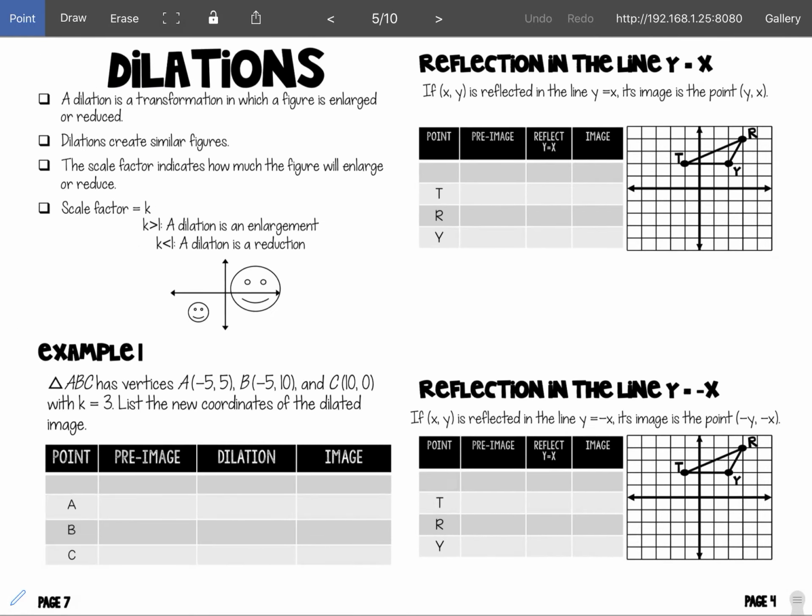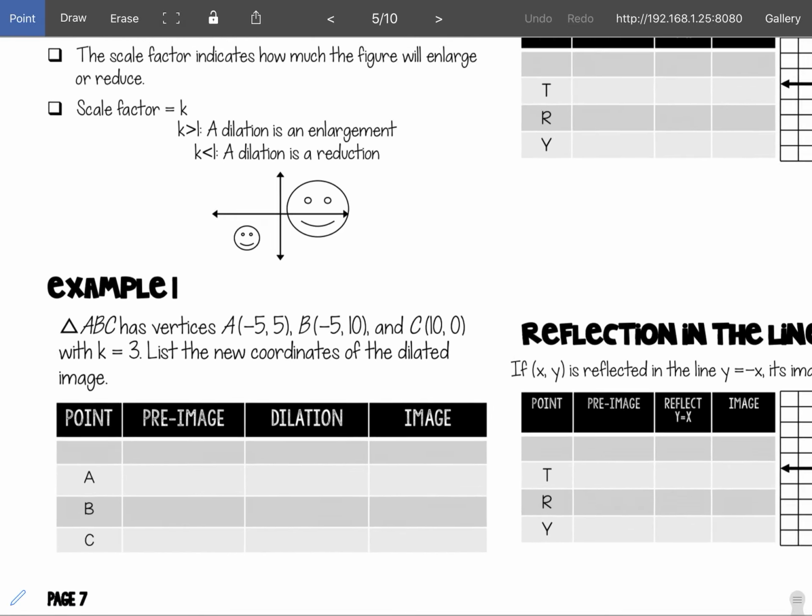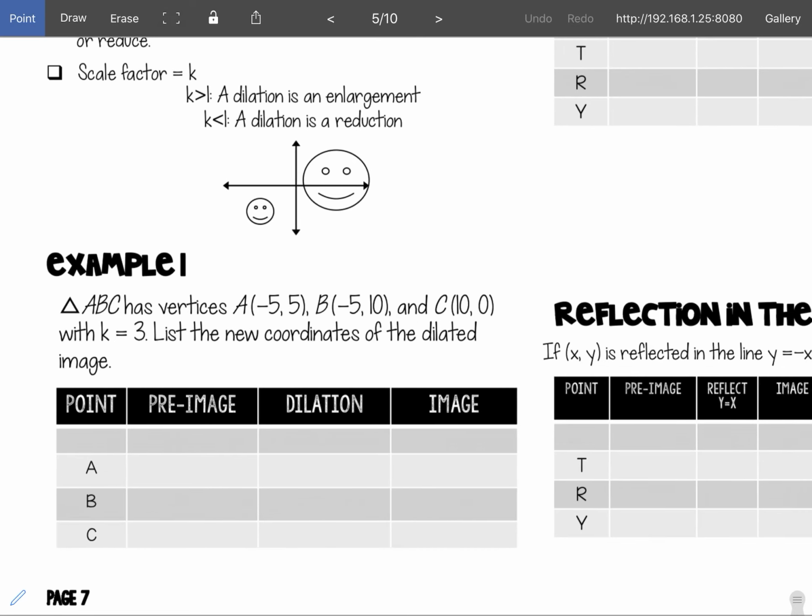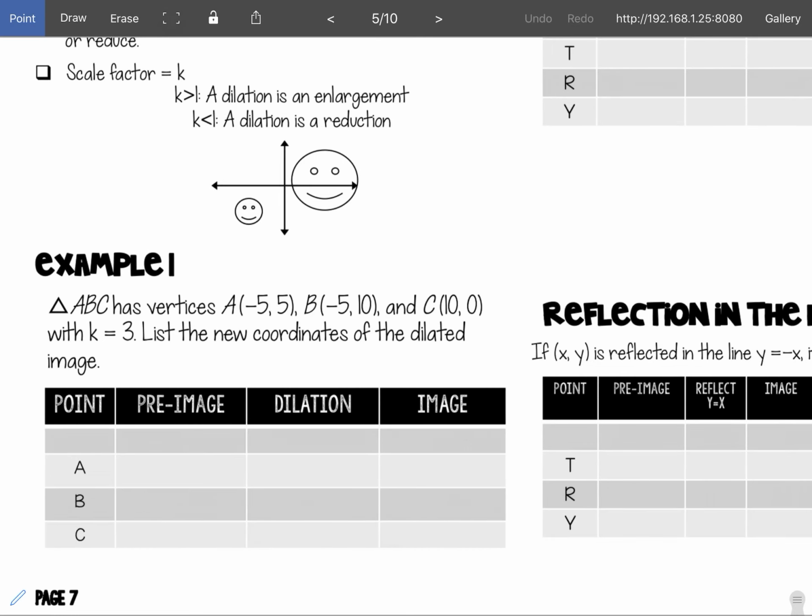So let's try a couple of these then. So the dilation part in example 1, I've already explained that. So all you'd have to do on that one is the dilation is with a scale factor of 3. So again, you're going to get similar figures. You can see that in this little smiley face picture here.